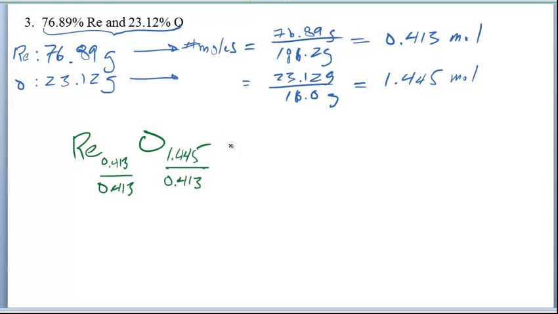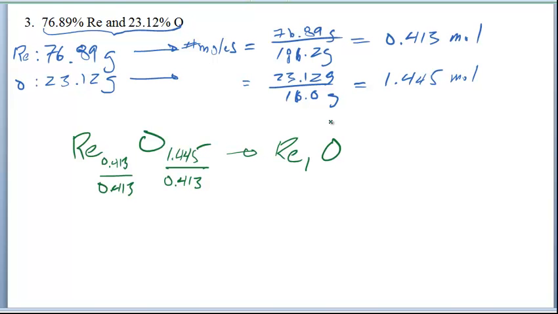When we do that, that then converts to rhenium 1. And let's see, what do we get when we divide 1.445 by 0.413?